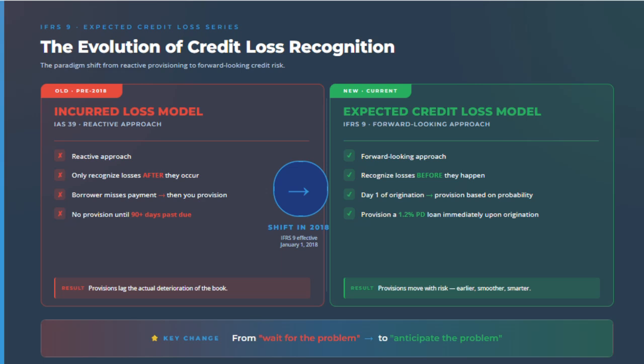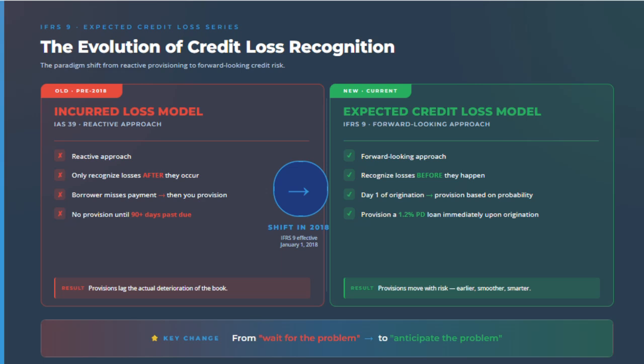You only recognized losses after they actually occurred. And here's how it worked: a borrower would miss a payment, and then you would get a provision. So, you wouldn't provision until the loan was 90 days past due. But the result is that the provision lagged the actual deterioration of your books, and your financial statements always looked better than they really were.